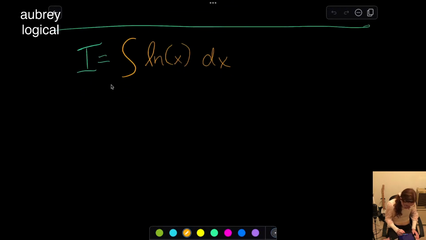So anyways, the reason ends up being because there are two functions, and it is ln of x and 1 dx.